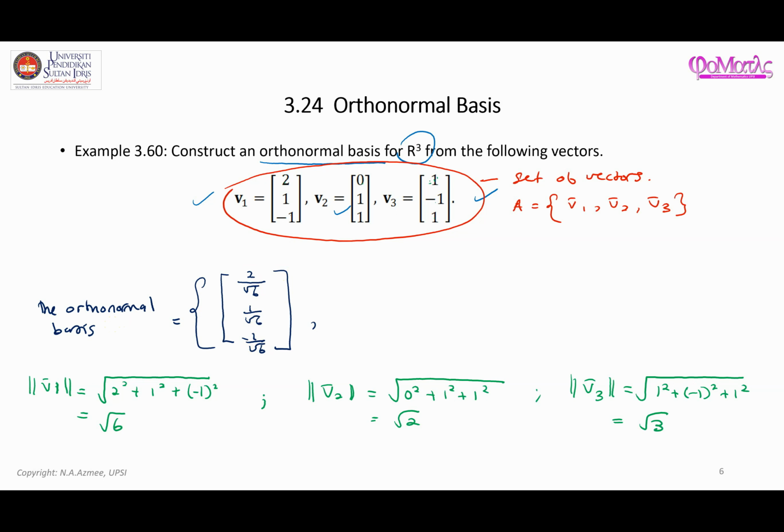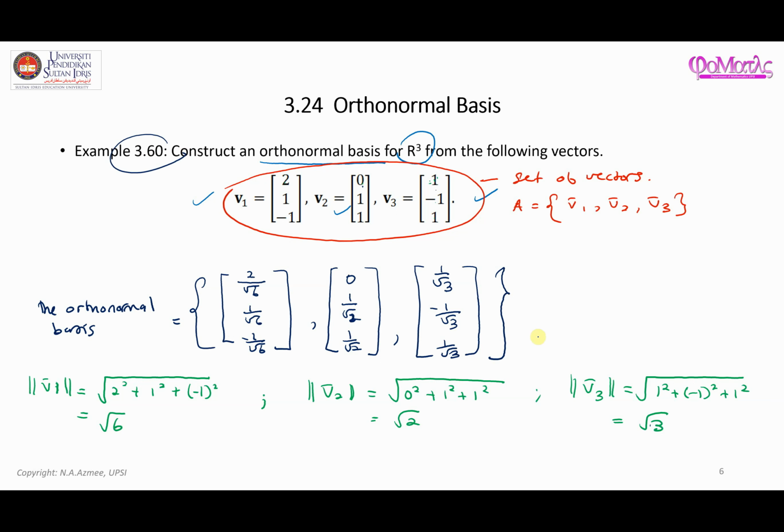Next, for this one, 0 divided by the magnitude is 0, 1 over square root 2, and 1 over square root 2. This is the second vector. And finally, 1 over square root 3, negative 1 over square root 3, and 1 over square root 3. So this is the answer for this example.